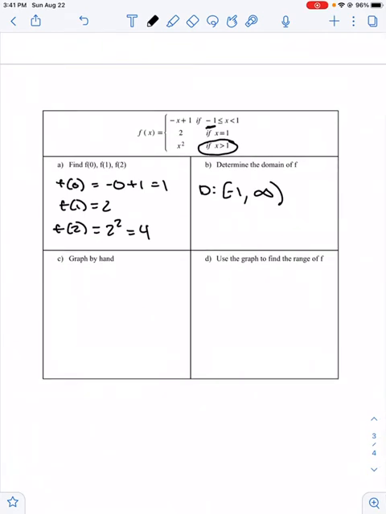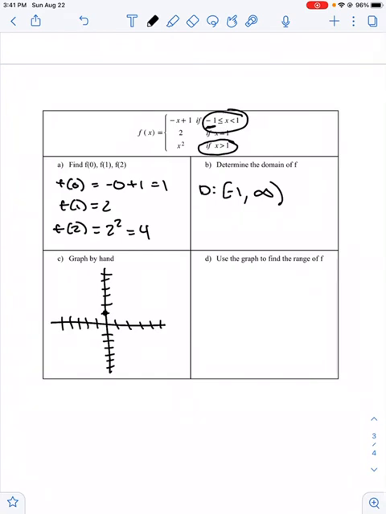Now we're going to graph by hand. Okay, so the first thing I'm going to do is graph our negative x plus 1 between negative 1 and 1. I always like to graph the function and then restrict it.